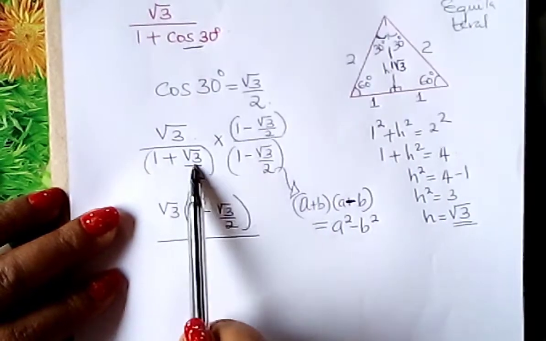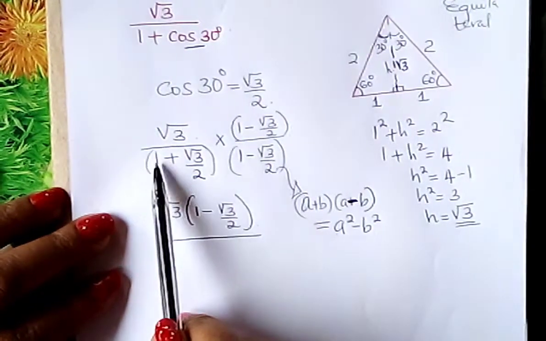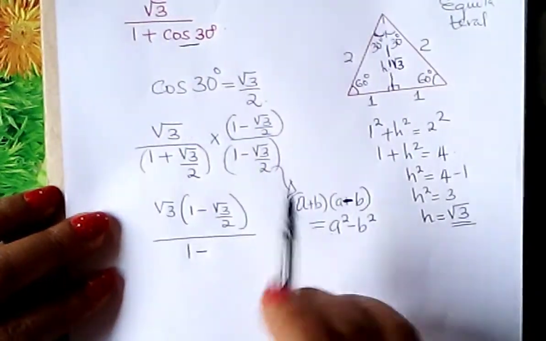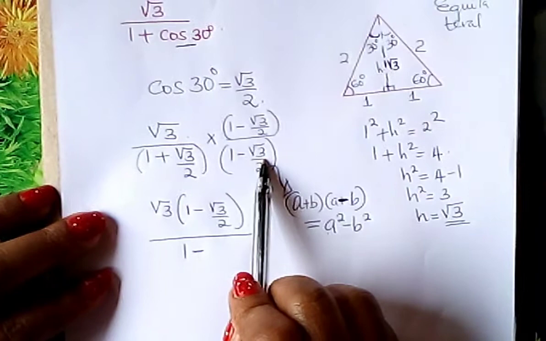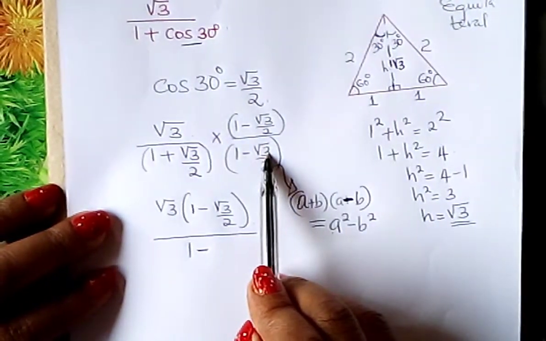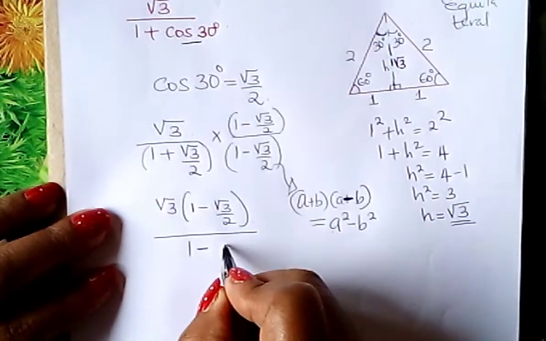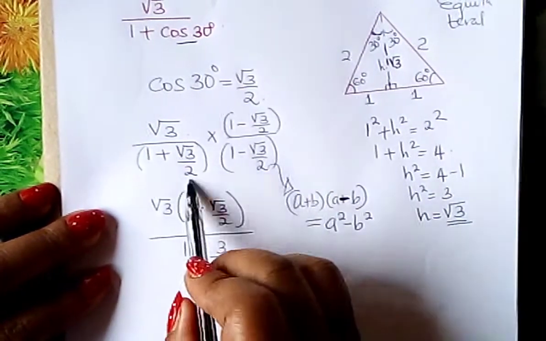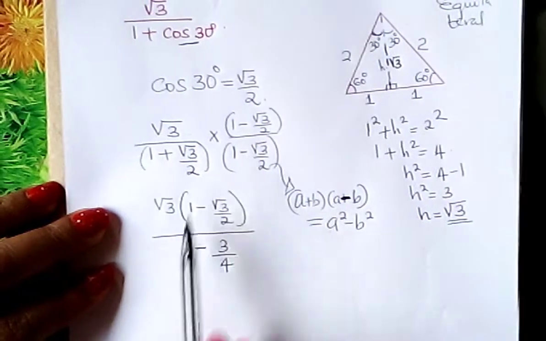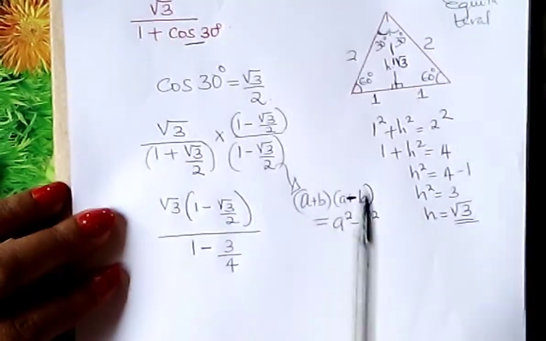So you just say 1 times 1 is 1, minus this times this, learner. Root 3 times root 3 is root 9. Square root of 9 is 3, divided by 2 times 2 is 4. So this times this is 1, this times this is 3 over 4.